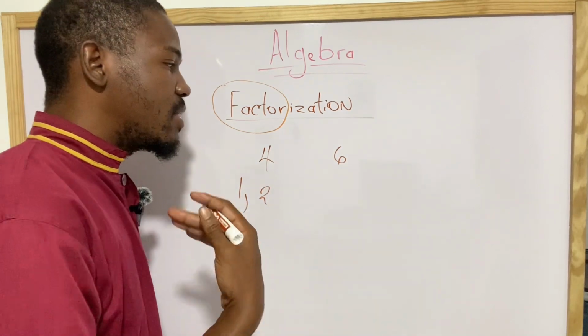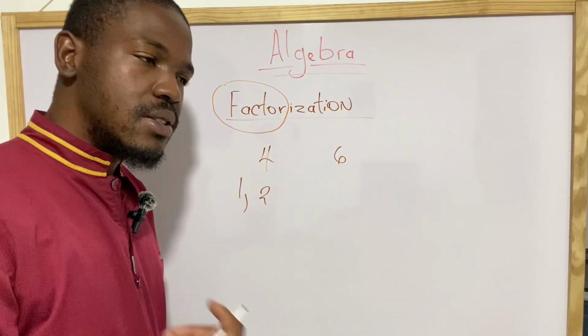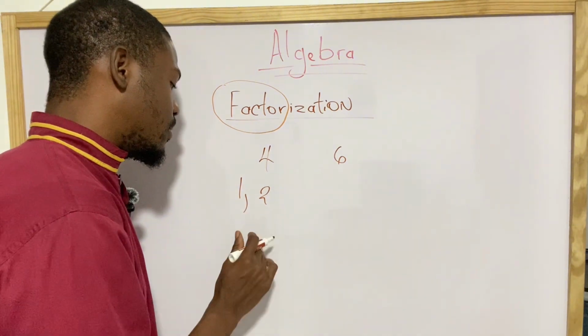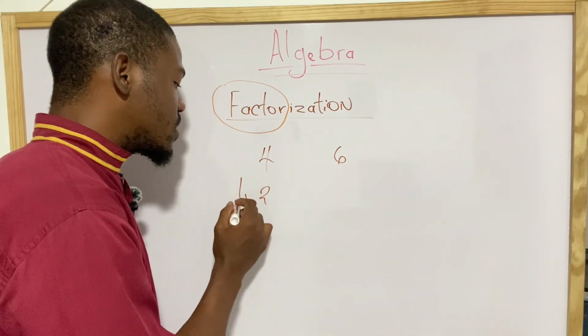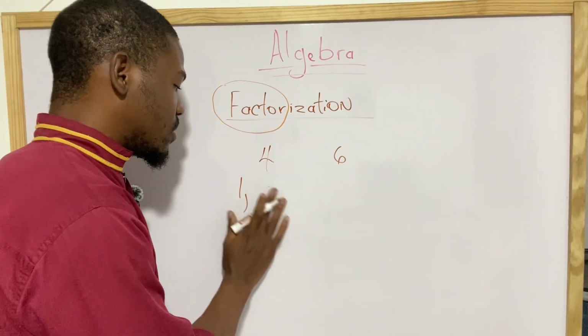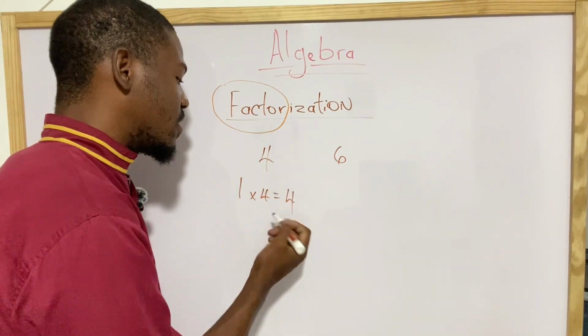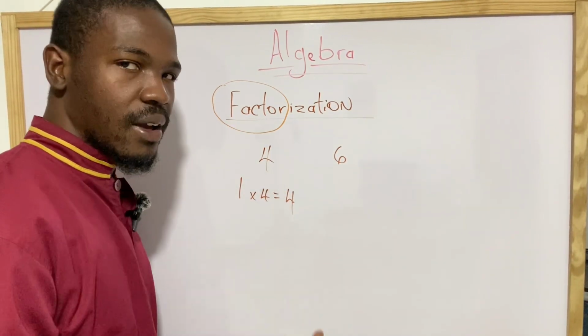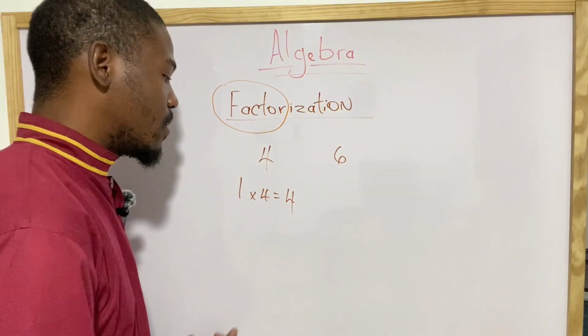Any number that can be divided into a number without leaving a remainder is a factor of that number, right? So when you talk about 4, 1 times 4 is going to give me 4. So 4 and 1 are factors of 4.